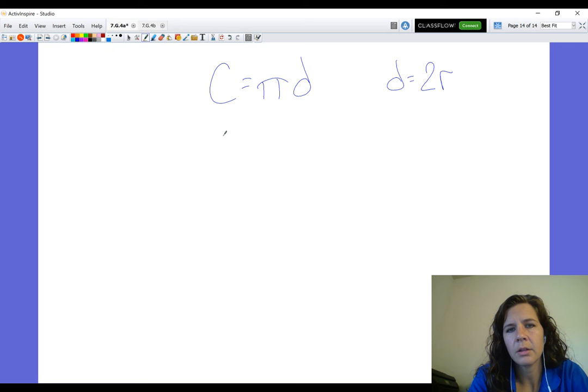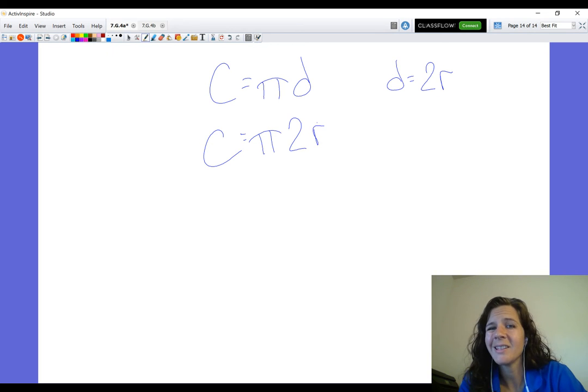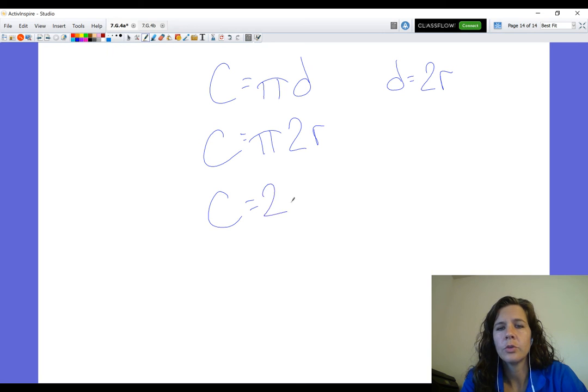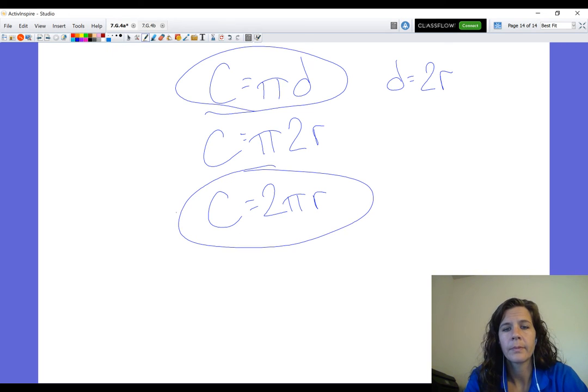So I could plug that in for d: pi times 2 times the radius. And just to clean it up a little bit, it's circumference equals 2 times pi times the radius, because it doesn't matter what order we multiply in. You will see both of these. Remember them. Do your best to remember them. Write them down if you have to, but they're very important.